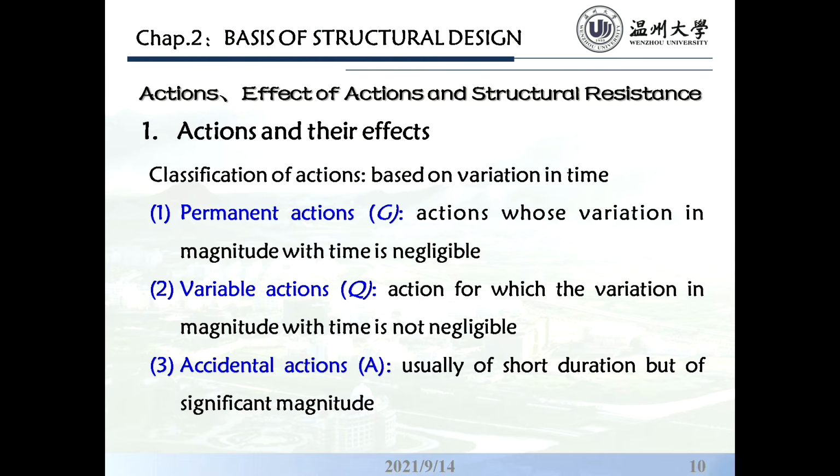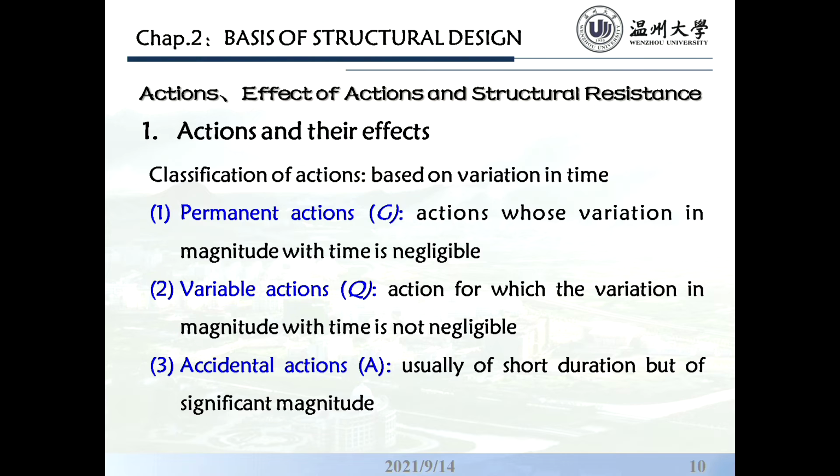For the different types of action, later we will use different coefficients. Permanent load is always there, so we need to always consider it. For variable actions, one variable action is okay. If there are several variable actions working together, do we need to consider all of them?